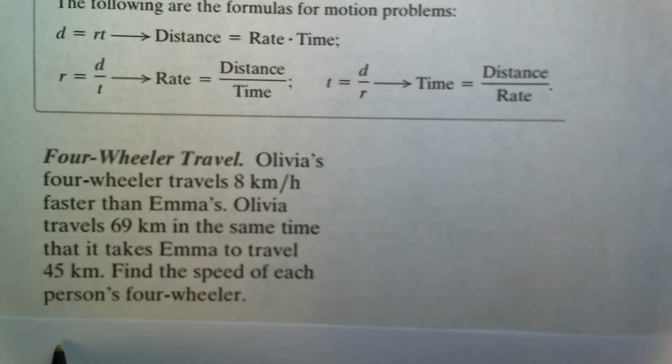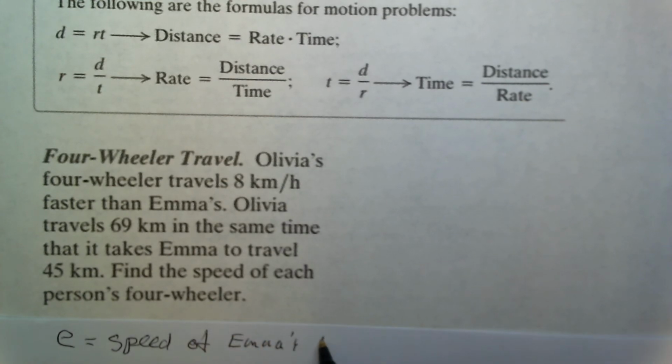So let's say that E would be the speed of Emma's four-wheeler, and let's say that O would be the speed of Olivia's four-wheeler.